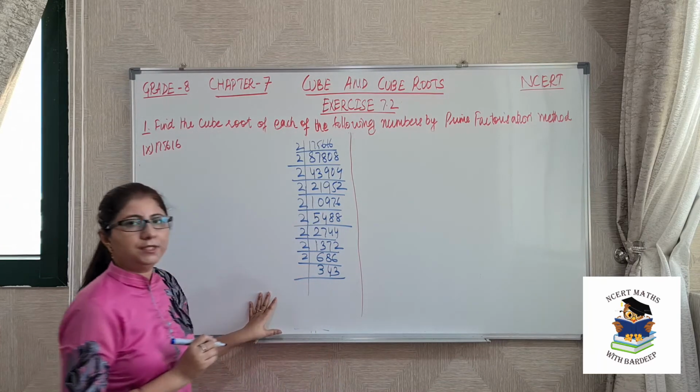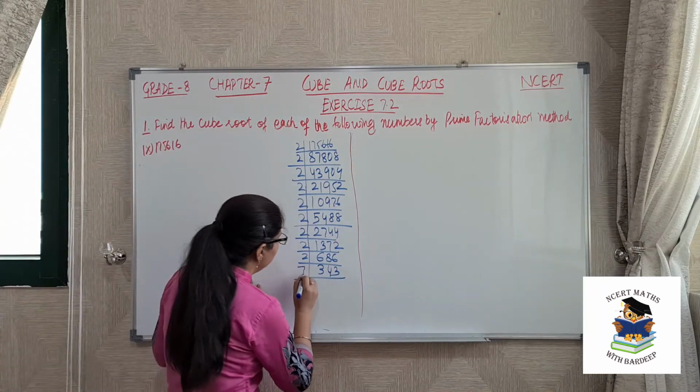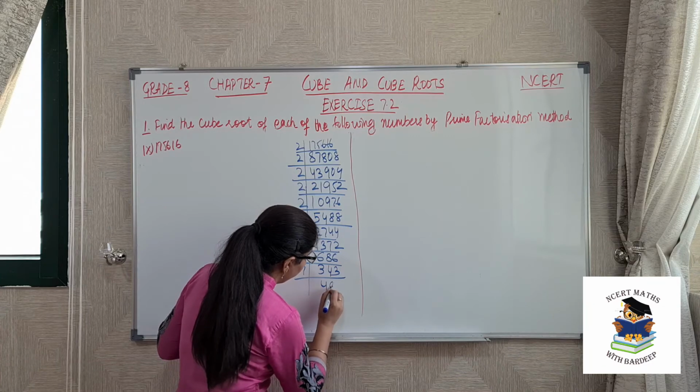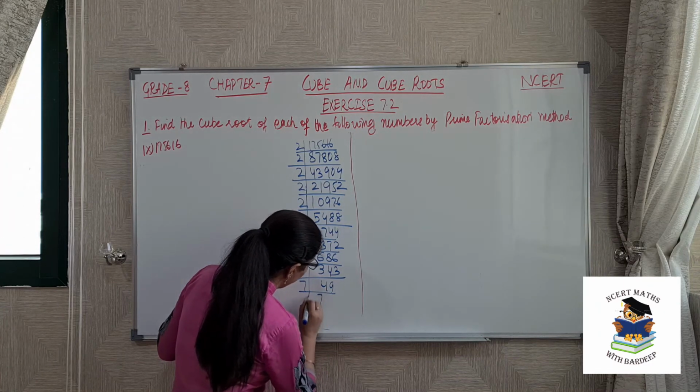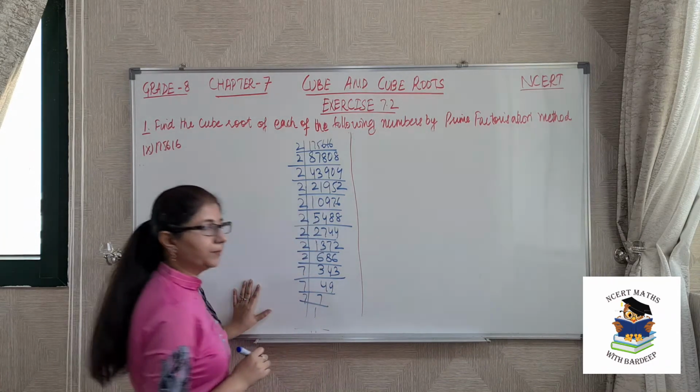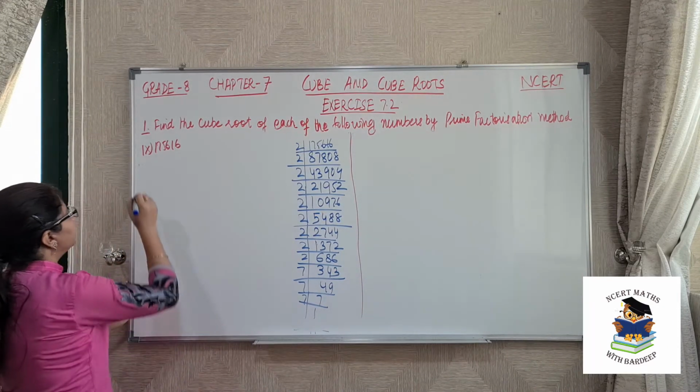So this will go in the table of 7. So 7 7s are 49, and then 7 and 1. Okay. So these are the factors.